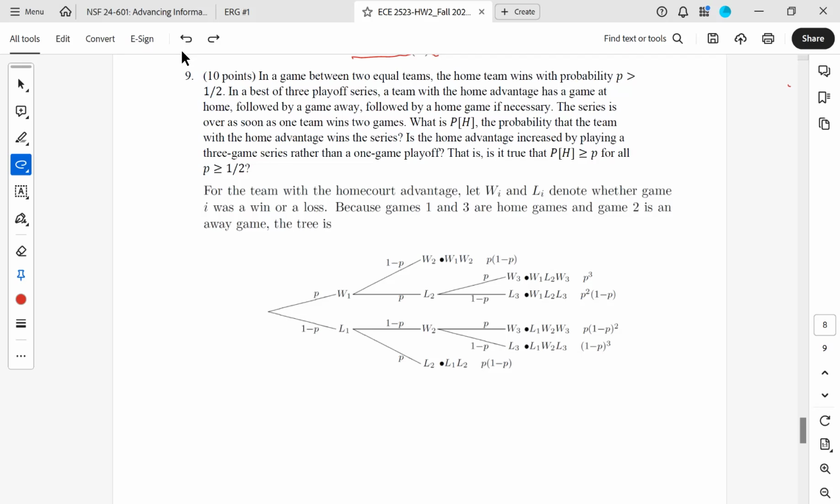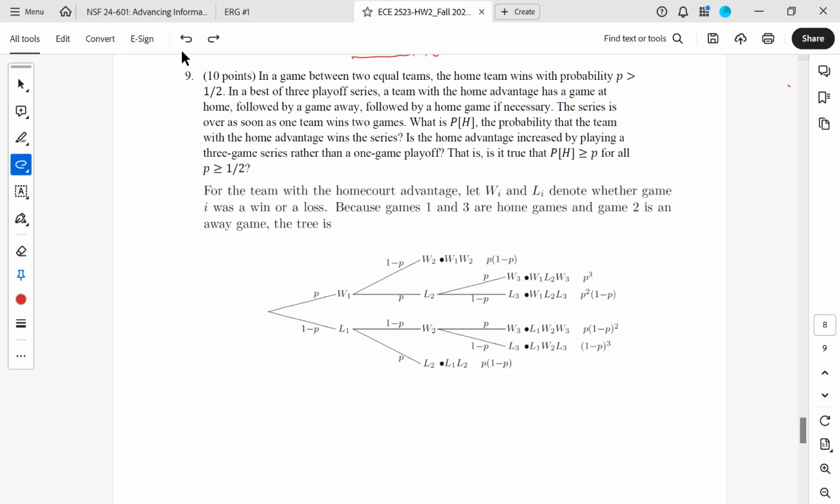Okay, question number 9, as you can see on the board, says that in a game between two equal teams, the home team wins with a probability of p, lowercase p, which is a number more than half, 1 over 2.